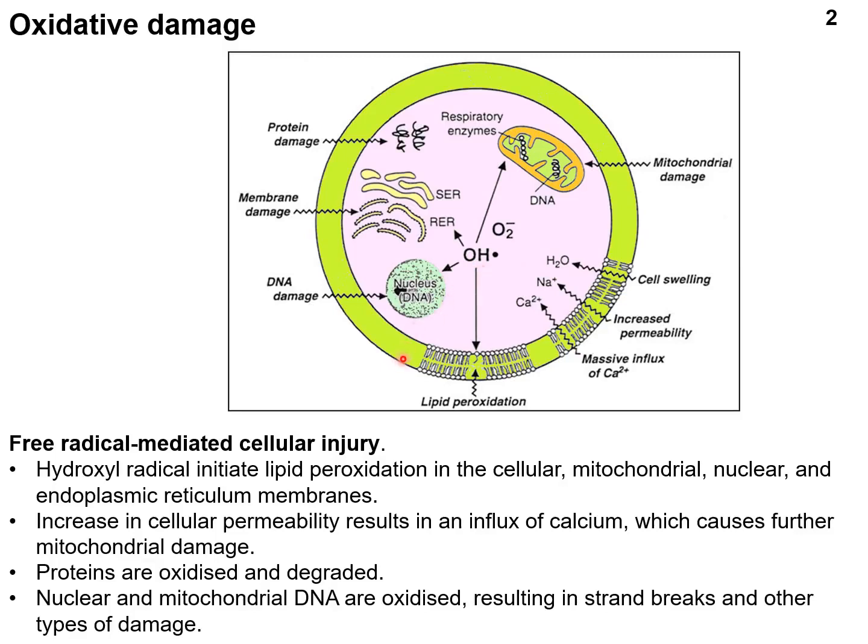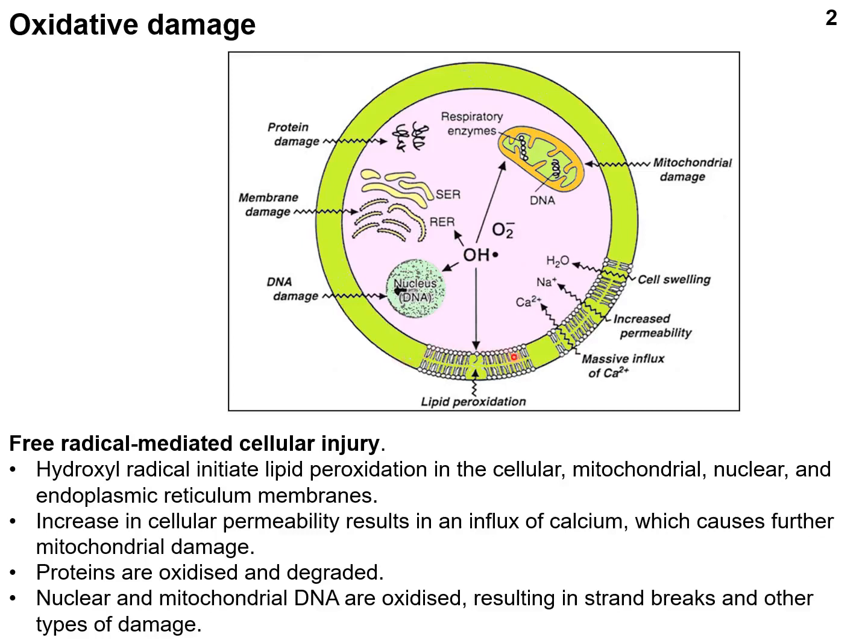So, for example, they can attack the lipids in membranes, both of the cell and the mitochondria and nucleus membranes, as well as endoplasmic reticulum membranes. This can lead to lipid peroxidation. You can also have damage of proteins in the membranes as well.